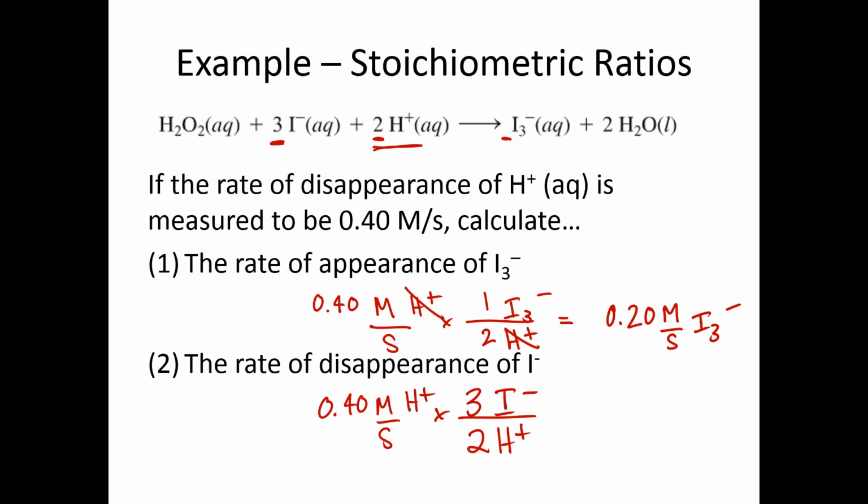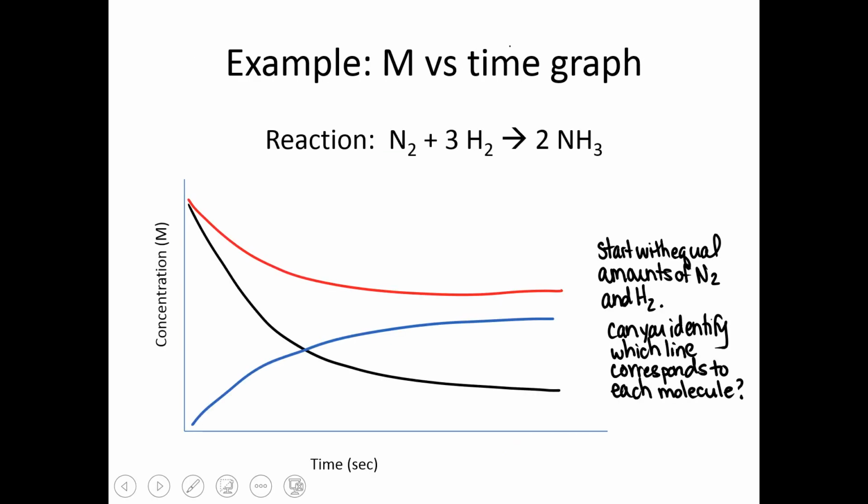In this case, it's a 3 to 2 ratio of I- to H+. So you're going to say 0.4 times 3 divided by 2 is going to give you 0.6 molar per second for I-. So you're just using mole ratios like you do in stoichiometry to convert between rates, just like in stoichiometry you convert between moles.